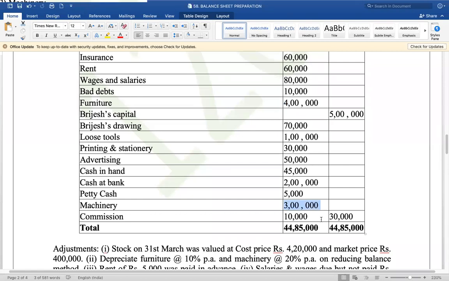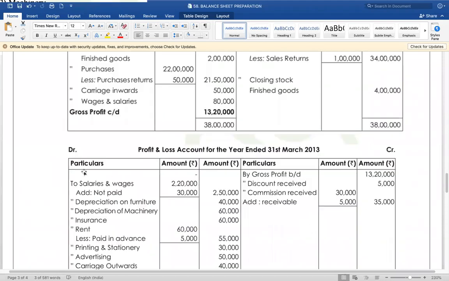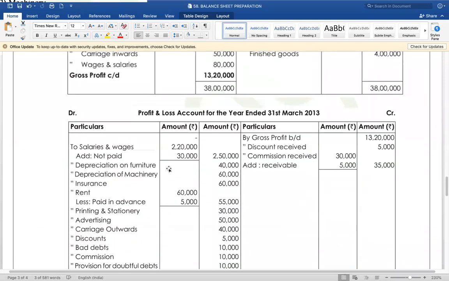On 4 lakhs, 10%. Depreciation on furniture: 10% on 4 lakhs, 40,000, and on machinery: 20% on 3 lakhs, 60,000. So both on furniture and on machinery, 40 and 60. Okay, that's done.